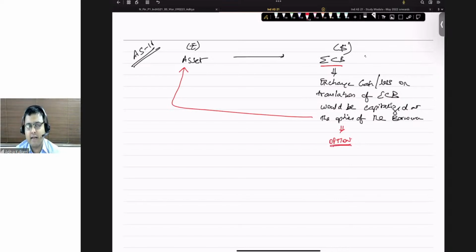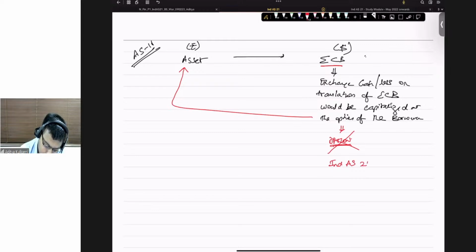Because the currency fluctuated so adversely that companies who had taken external borrowings to finance their asset acquisitions said, sir, this is not in our hands. Our results will go for a complete toss if we record these exchange fluctuations in our P&L. Give us an option to capitalize, and MCA gave you the option. But it was an option; you could still take the exchange gain or loss to the profit and loss. This option is not there in Ind AS.